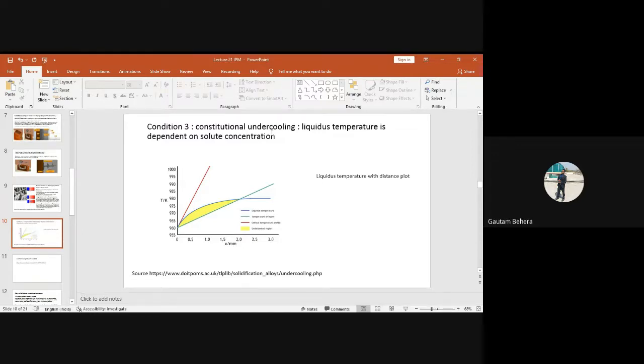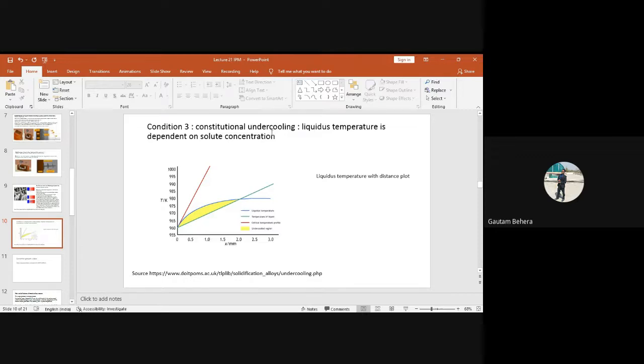If you have a question, what is liquidus temperature? You should not be confused. We consider liquidus temperature for alloys, for binary components, right? Suppose I have nickel and copper. Nickel's melting point is different, copper's melting point is different, right? So a liquidus temperature may form at high temperature. Liquidus temperature is the temperature above which everything is liquid. That means below the liquidus temperature it is not completely solid.